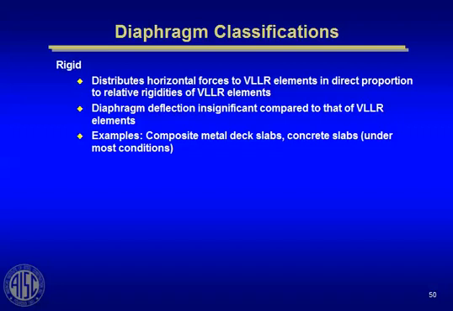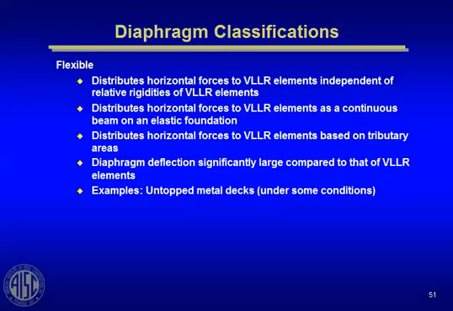Like a concrete slab, pretty rigid in its own plane, very stiff in its own plane. And the horizontal forces it distributes are going to be basically in proportion to the stiffness of the supports, which in this case are the vertical lateral load resisting elements. Examples: composite metal deck slabs or concrete slabs are generally, under most conditions, rigid.